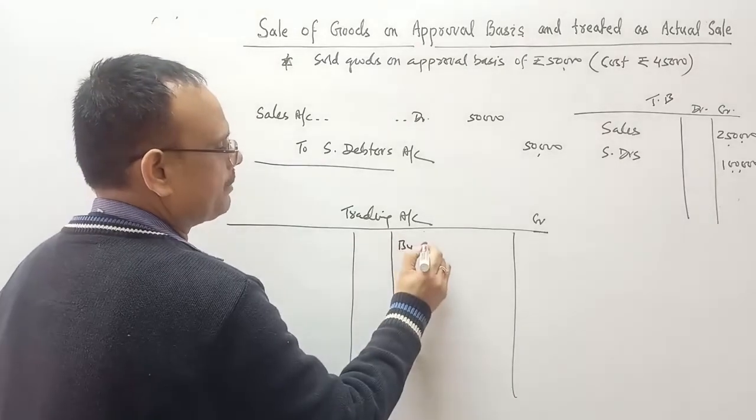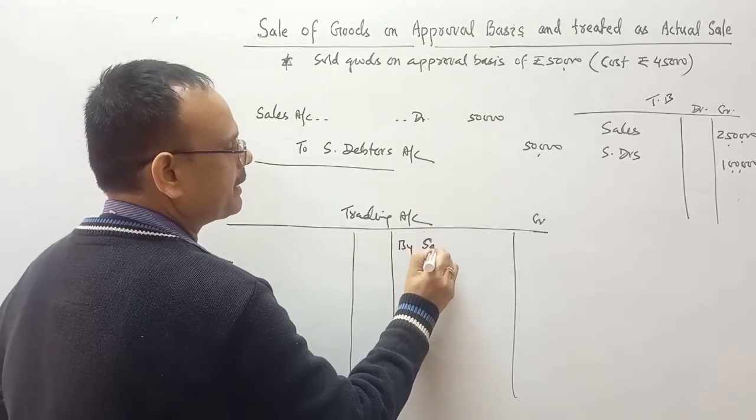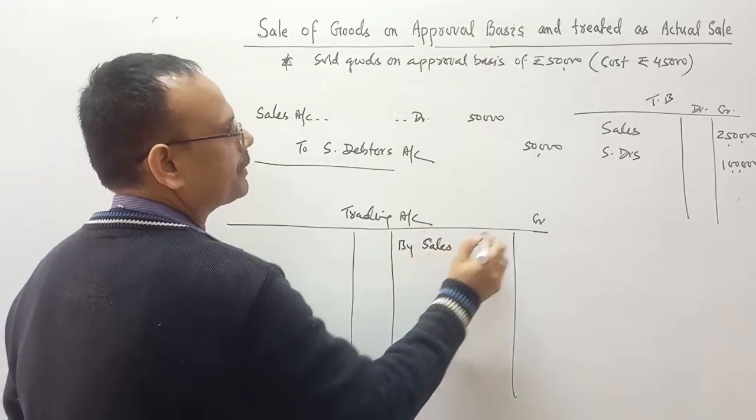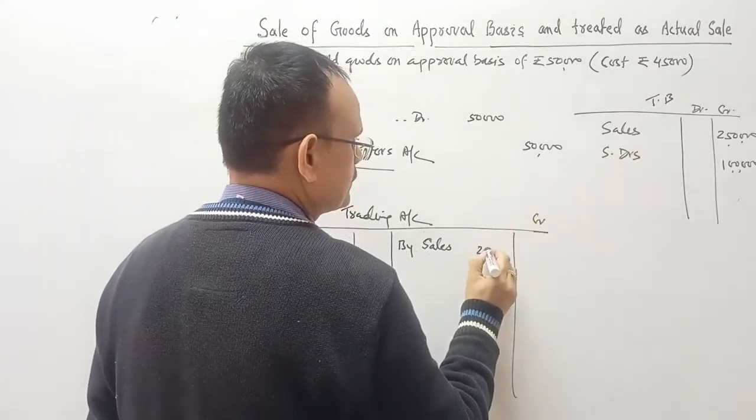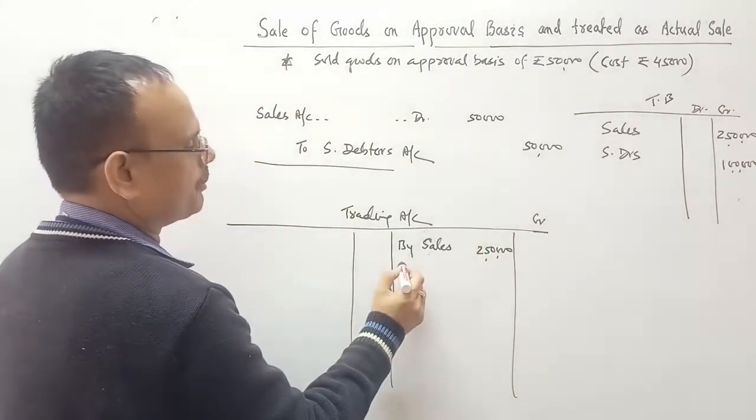On the credit side you write by sales, which is given in the trial balance, 2,50,000, and you deduct this sales from that.